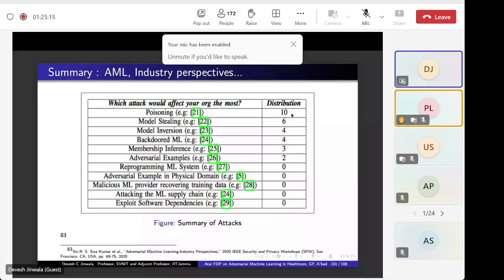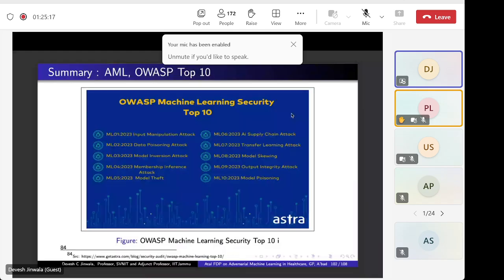Those in the security domain would know the OWASP site. It is basically a kind of collection of the weaknesses which have caused a particular attack to take place. So such vulnerabilities and attacks are shown for normal security applications. Similarly, in machine learning security, what are the top 10 attacks?